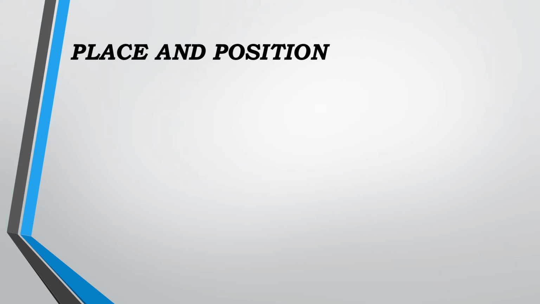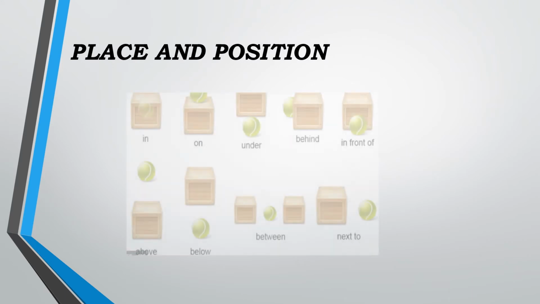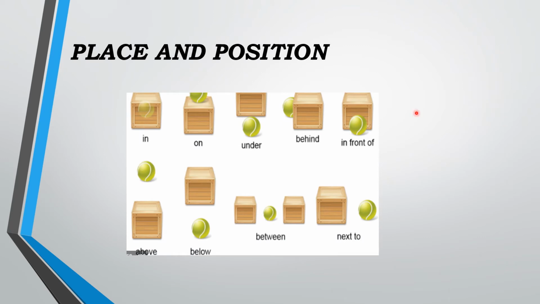Let's discuss about the prepositions of place and position in detail. When we read this type, place and position, we get to know that the position of the nouns are well explained with these prepositions. How? Look at this example given here. Where is the ball?